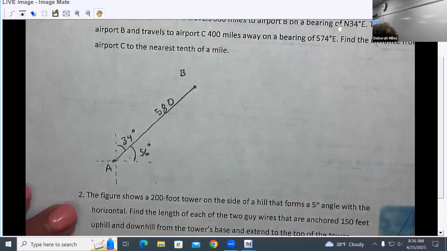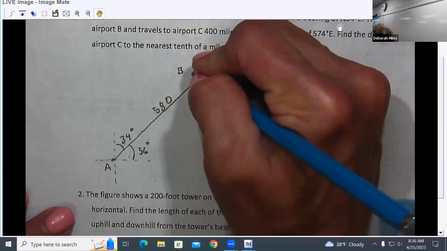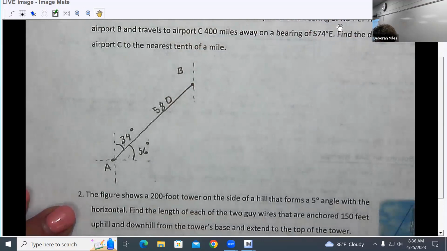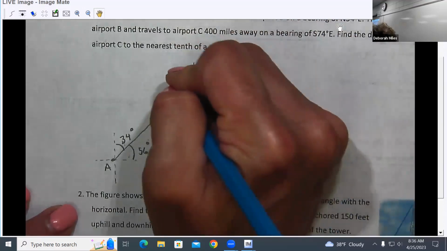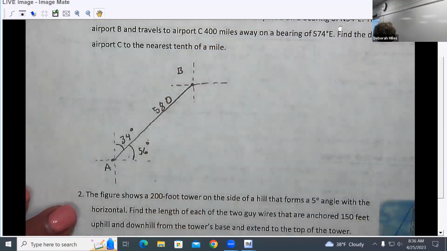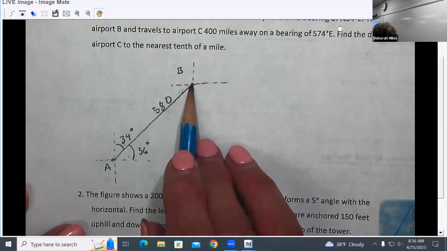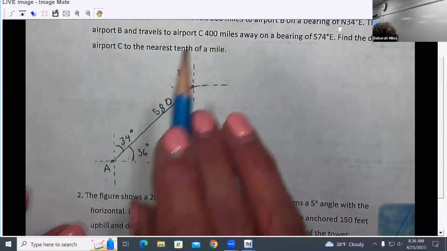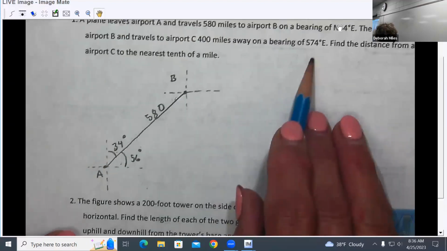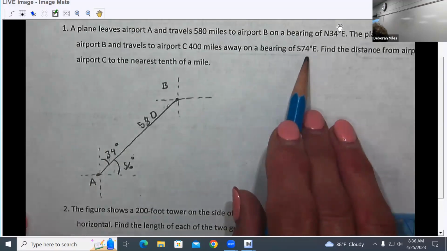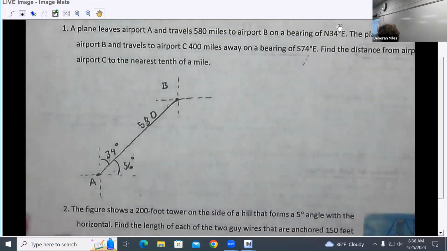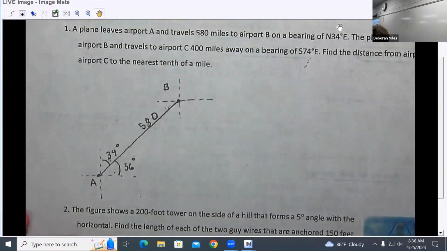And airport B has its own north-south line and east-west line. From B, the plane is going to go 400 miles on a bearing of 74 degrees east of south. You draw a line that's going 74 degrees east of south.